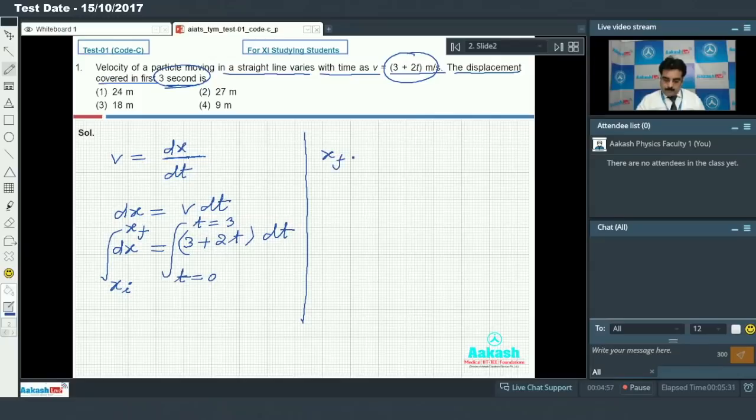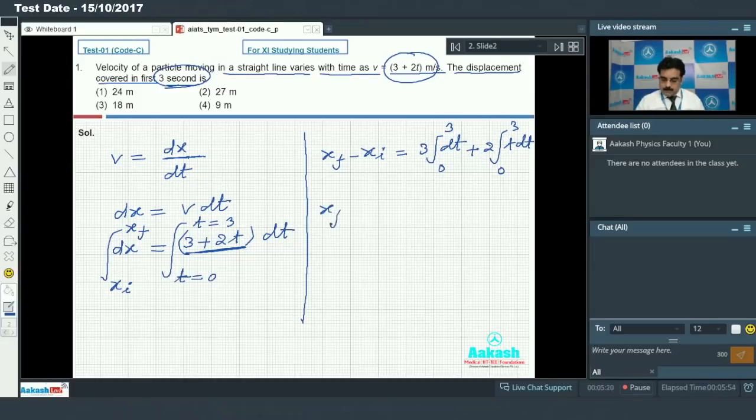final position minus initial position after integration. The integration of this part is 3 dt with limits 0 up to 3, and the second part, 2 as a constant, t dt with limits 0 up to 3.